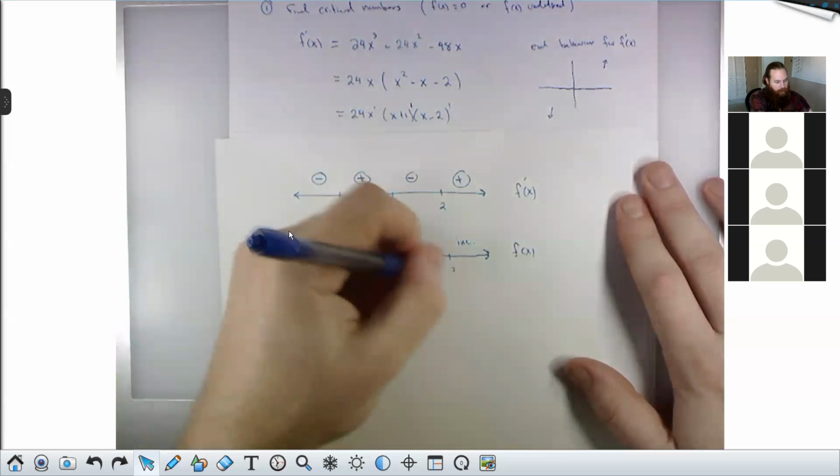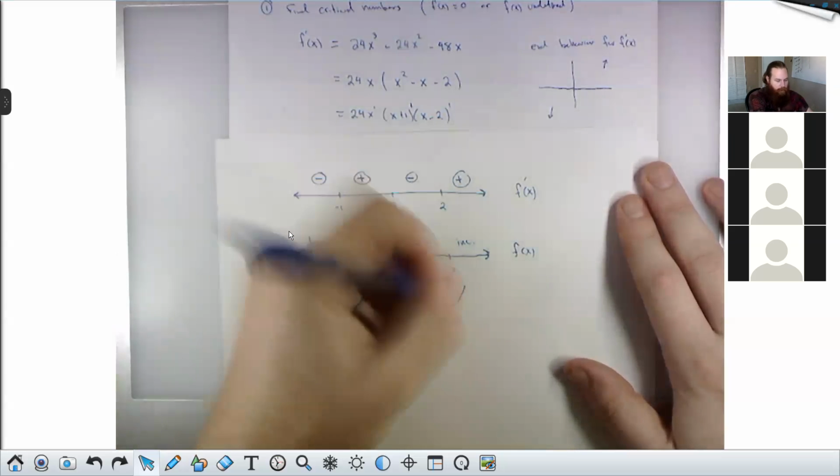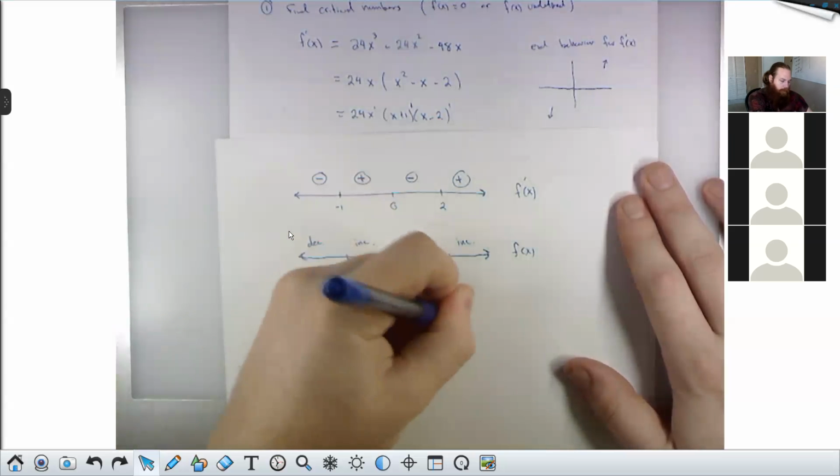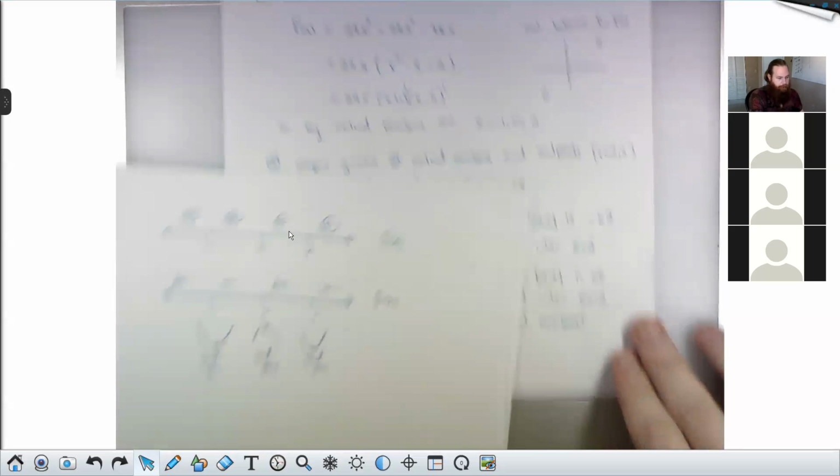And then again over here, we're decreasing and then increasing. That means there is a local min. So now that I have all this information, I could draw a really good graph of f. Let me try to do that.